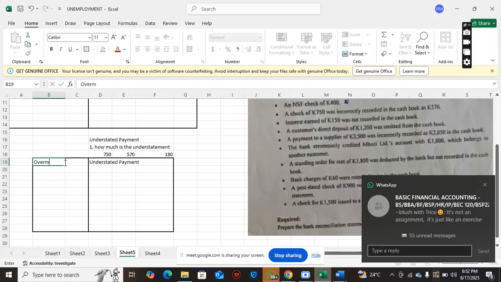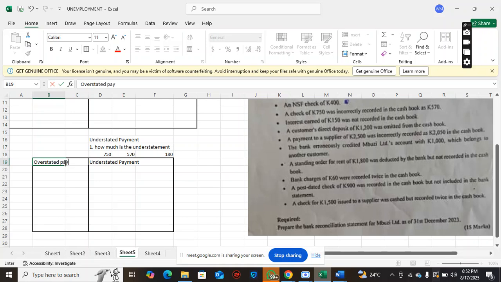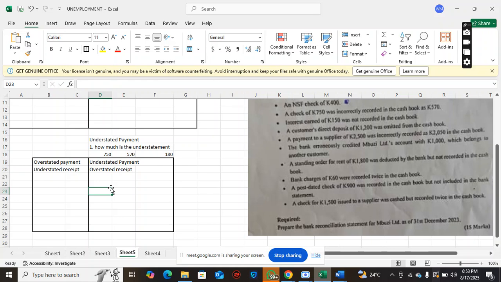These are the differences, okay? Understated receipt, debit side. Overstated receipt, credit side, okay? Please get this down.